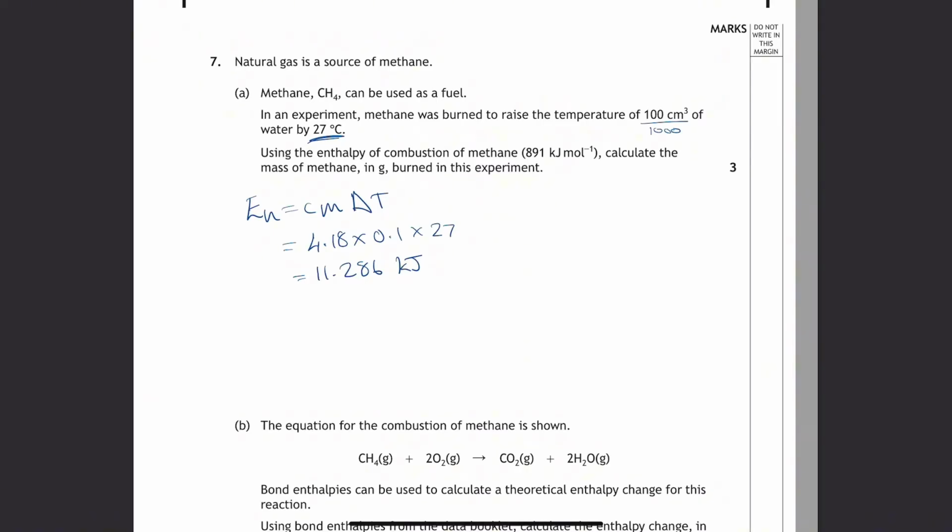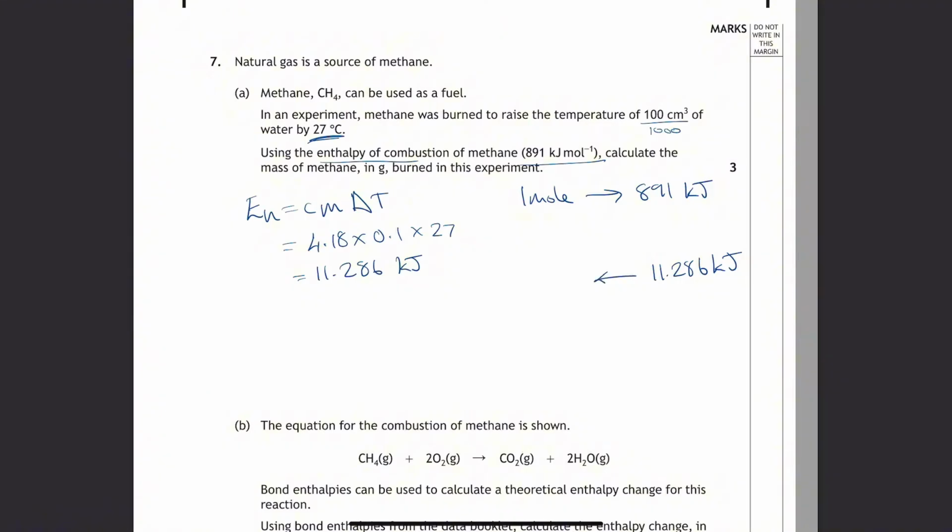So it tells us that the enthalpy of combustion is 891. So enthalpy of combustion, remember, is the amount released when you burn 1 mole. So 1 mole of methane gives out 891 kilojoules, but we are only needing 11.286 kilojoules.